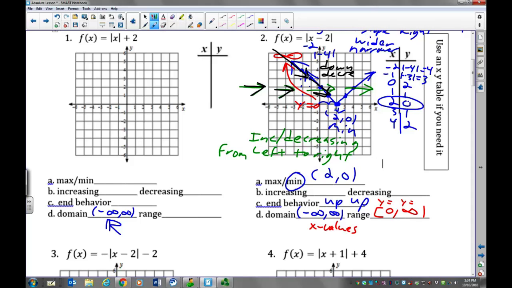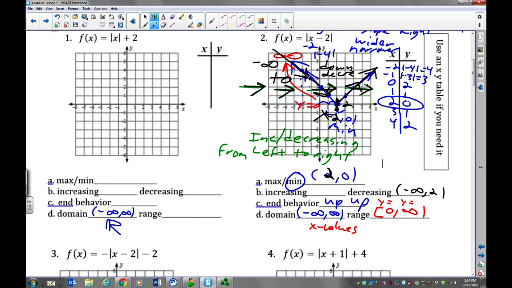Decreasing. So we're going from negative infinity to the x value right there, which is at x equals 2, which is our vertex. That's this guy. So we're going to be decreasing from negative infinity to 2. And then once we hit 2, we're going to start going upwards as we go left to right, which is increasing.